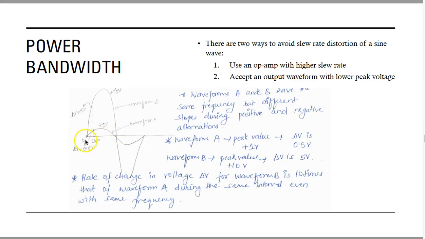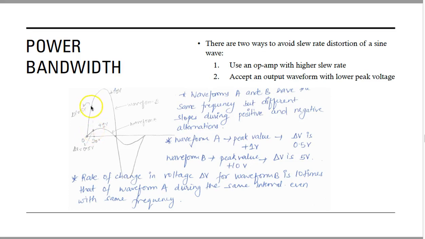So you can see that for waveform A, the small one, at a 30-degree angle, at this particular angle, your delta V, rate of change of voltage, is 0.5 volts.